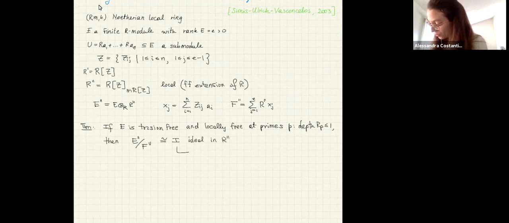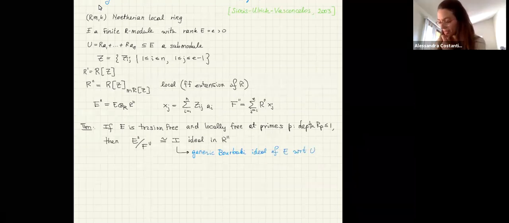And this is called, let me write it in blue, a generic Bourbaki ideal of E with respect to U, just because we picked these elements as a basis in U.